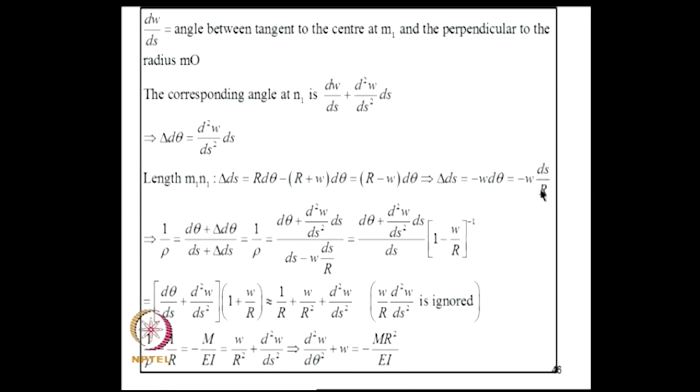So you can thus get the expression for 1 by rho, the radius of curvature in the deformed configuration, retaining only first order terms after expansion. I will skip this discussion, you can verify that it is correct. We get this equation.